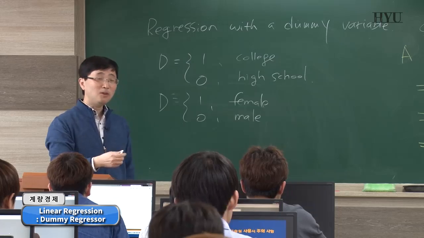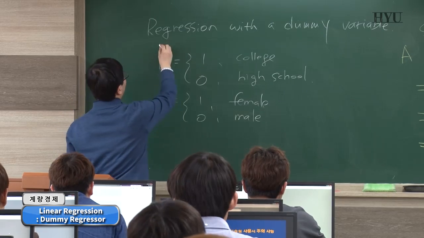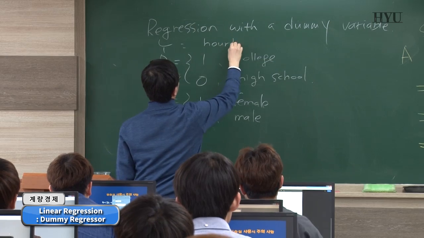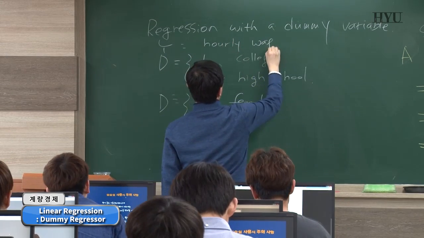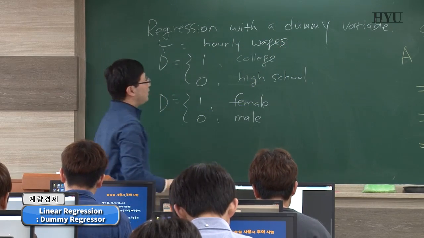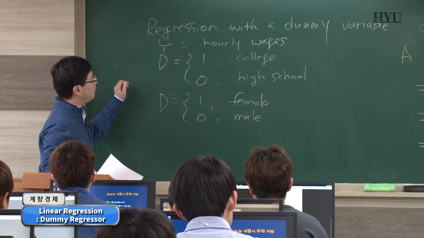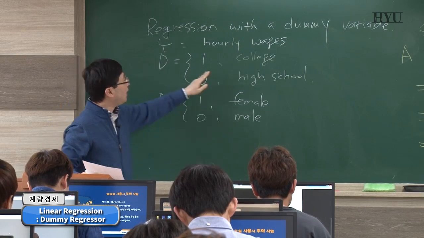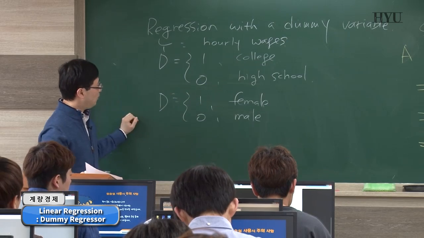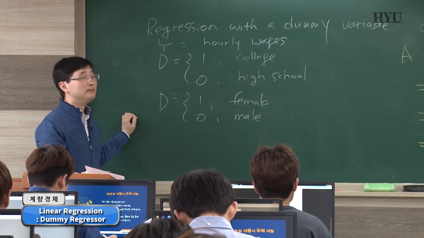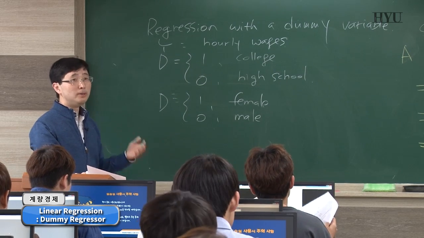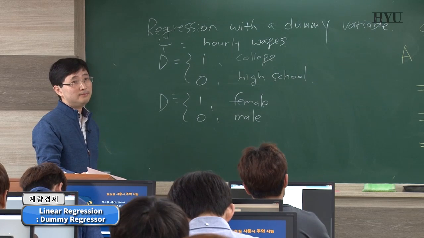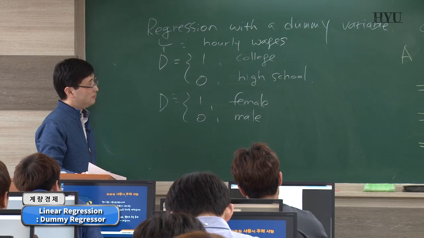So this is something you already know. So suppose that your dependent variable is hourly wages, and your independent variable is a dummy variable. So two examples we already have: you have a college dummy, or you have a female dummy, right? A dummy variable means a variable that takes only two kinds, one or the other.